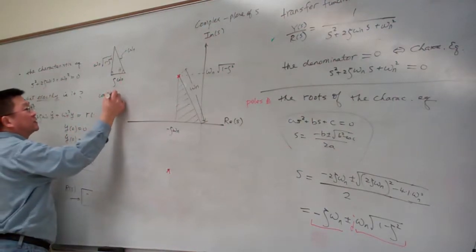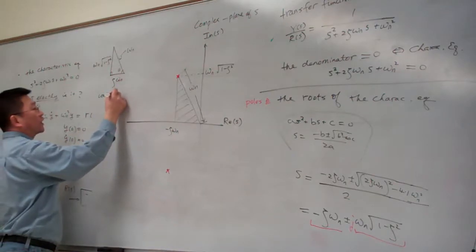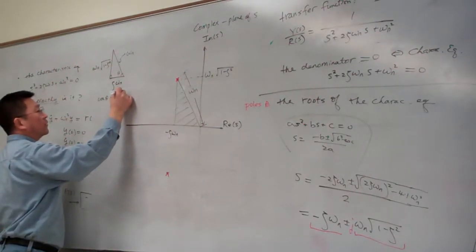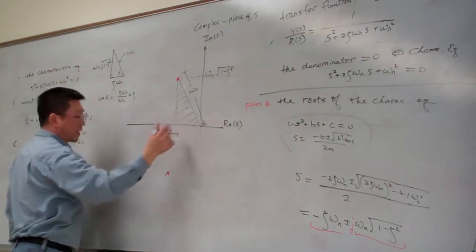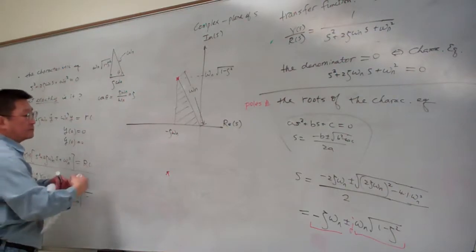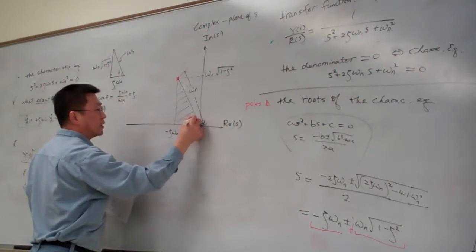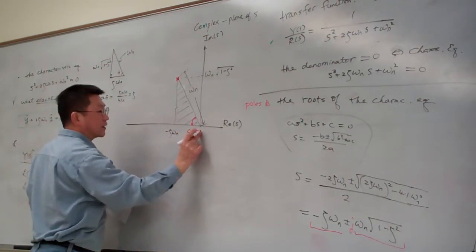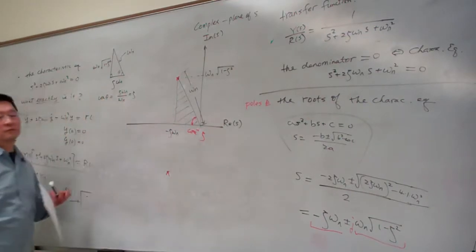So from here, cosine theta equals how much? Cosine theta is basically equal to zeta omega n over omega n, which equals zeta. So therefore, this angle here, in particular, this angle is theta, and cosine of theta is zeta. You good?